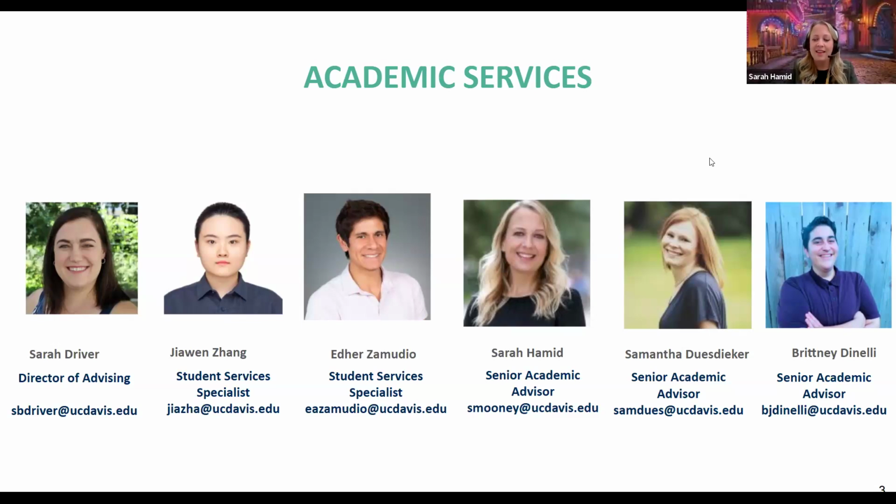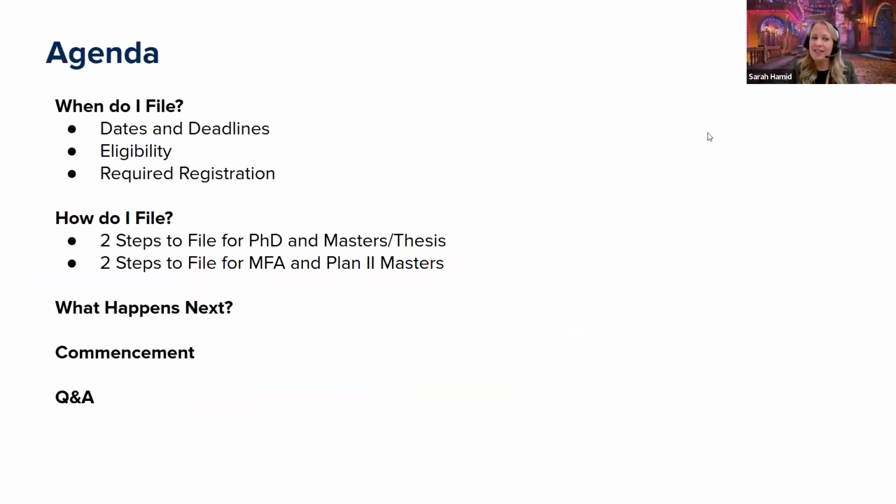Welcome, welcome. So the next slide is our agenda. So I will be going over the various bullet points here. Mainly what we're here to do is let you know how to file so that you can graduate. Which is a really big deal. So when do I file? We're going to talk about our dates and deadlines. We're going to talk about our eligibility of when you're eligible to file and graduate.